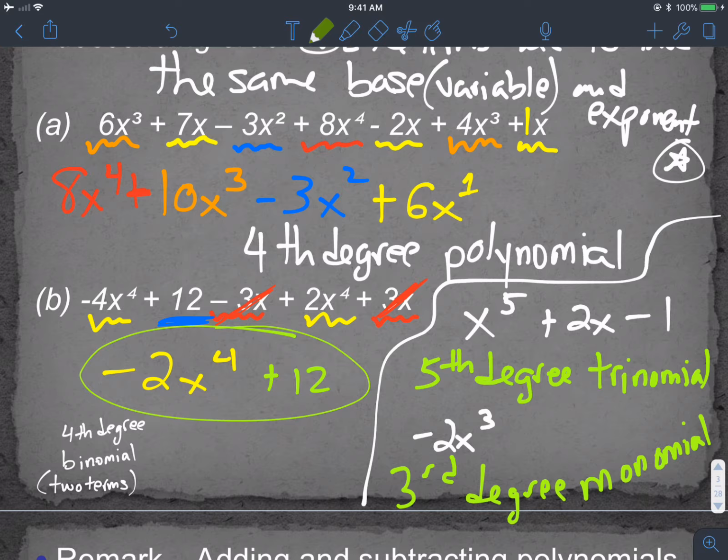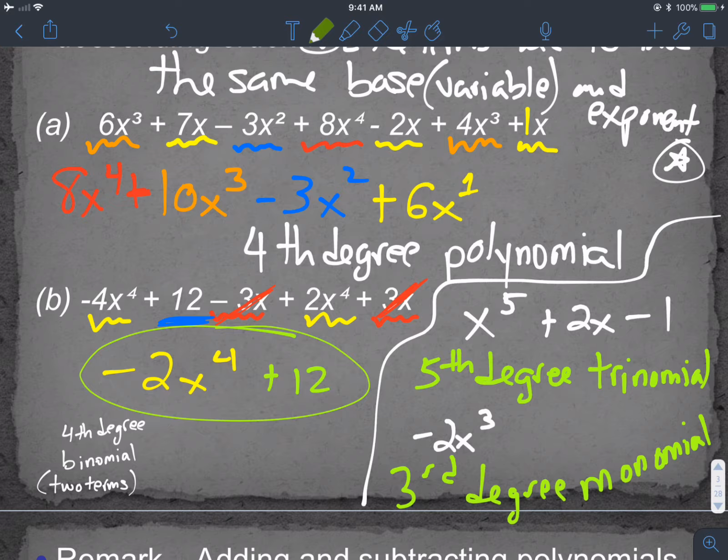The computer will ask you to identify it as a monomial or trinomial or binomial and identify the degree. Because 1, 2, 3, you see the x to the 5th and the 2x in the middle.